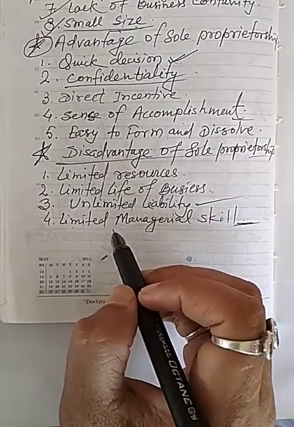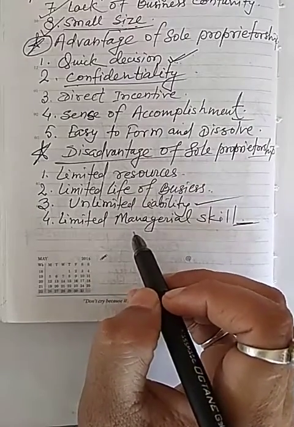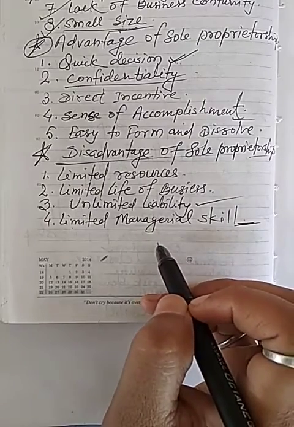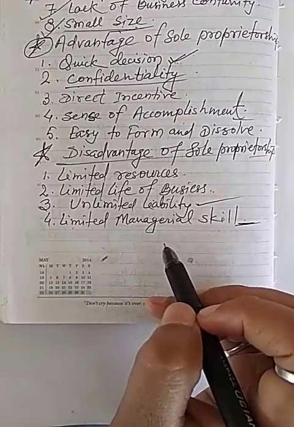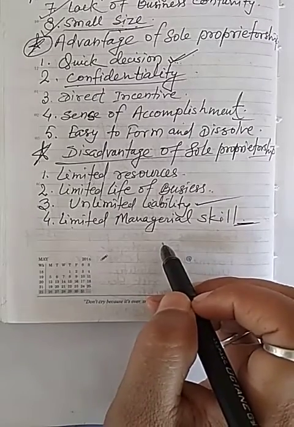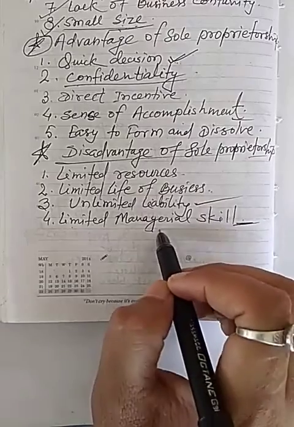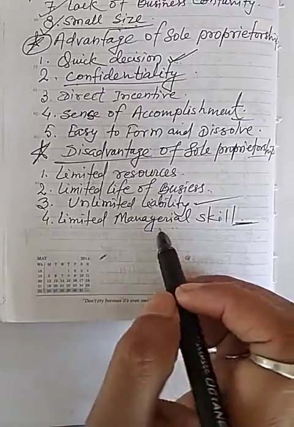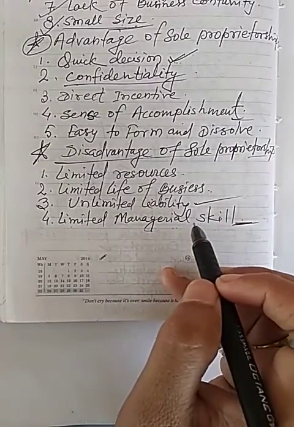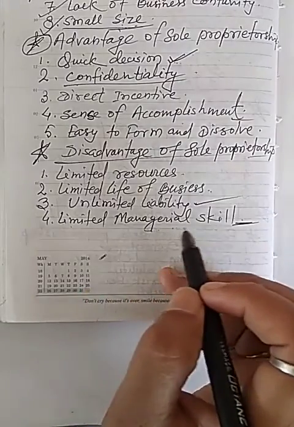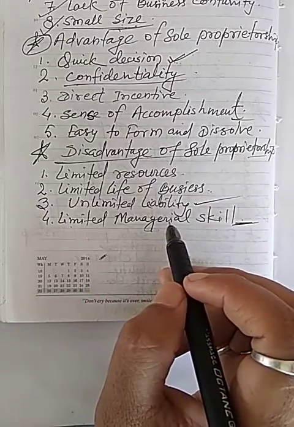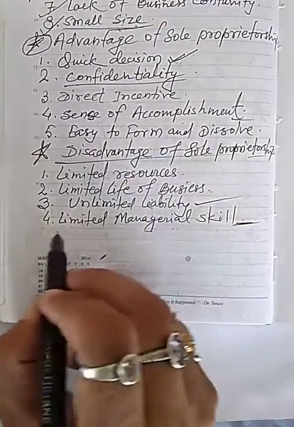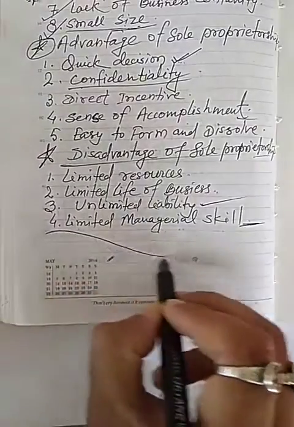He may be a good salesperson but not a good manager. It is difficult to find all the skills and expertise in one person, and a sole proprietor generally cannot afford to appoint specialized and expert employees. The proprietor is overburdened with too many tasks, so there is limited managerial skill.